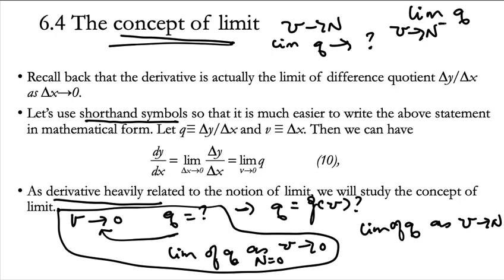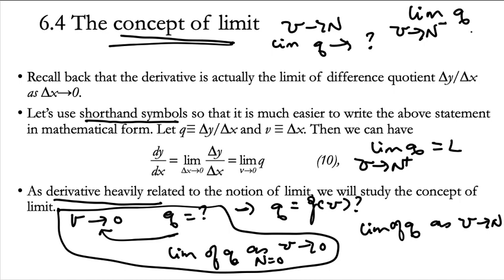From the left side, you put a minus sign as a superscript. So the minus sign here means approaching from the left. But if, in a different way, the variable V approaches the number N from the right side, and from the right side Q approaches a finite number L, then in mathematics it can be rewritten as the limit of Q as V approaches N from the right side is L.